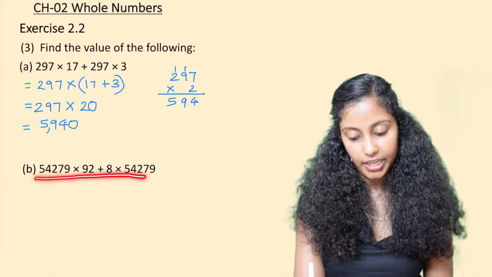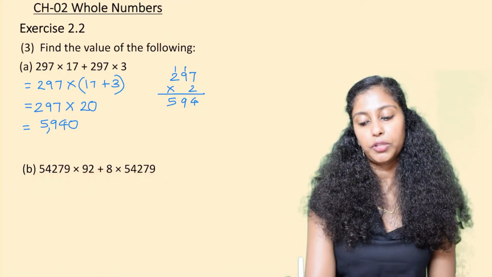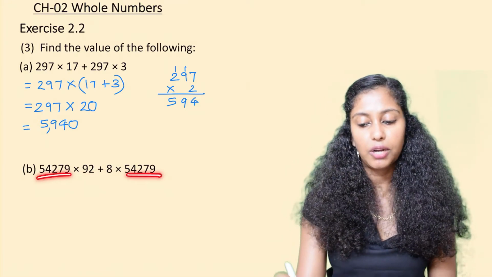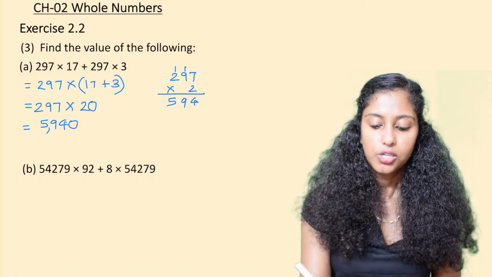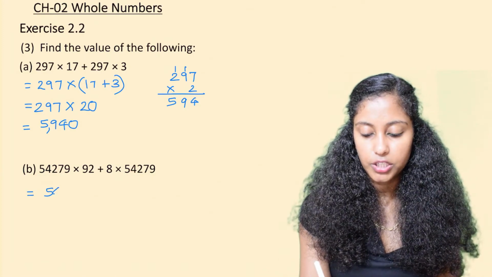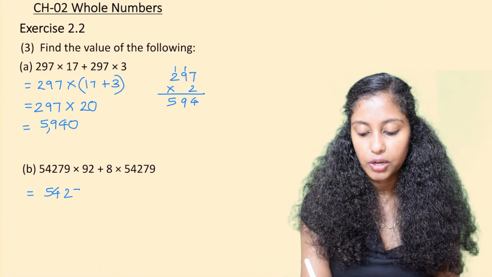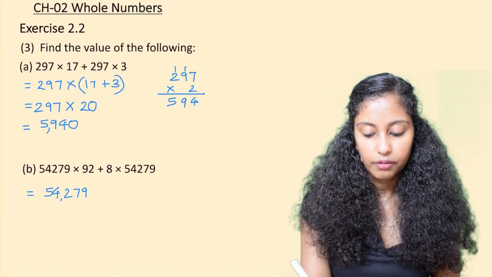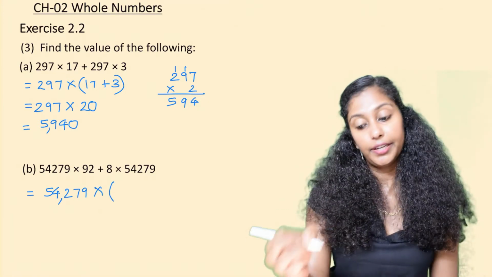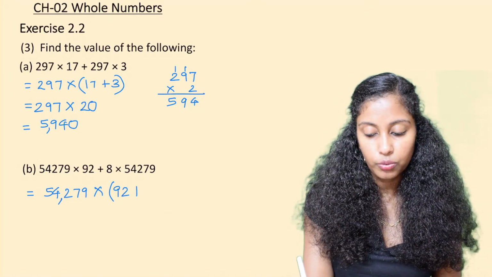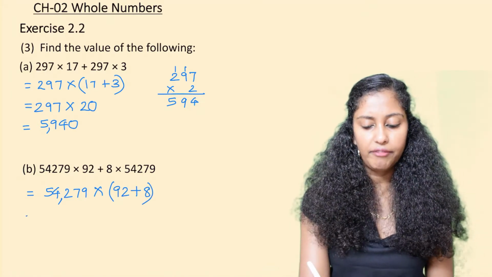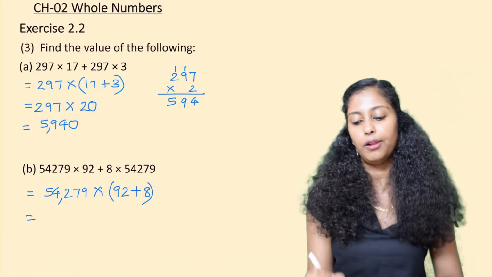54,279 multiplied by 92 plus 8 multiplied by 54,279. We see 54,279 is common. So we use again the distributivity property. So 54,279 once we put, multiplied, and then inside the bracket we write 92 plus 8. We copy everything from the question itself.